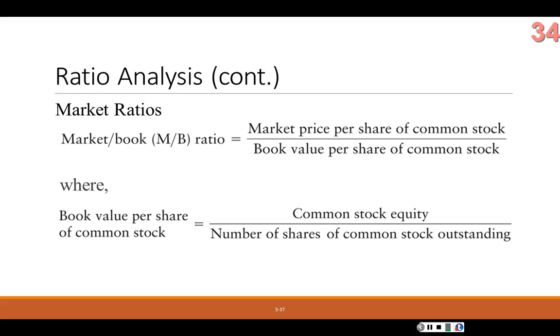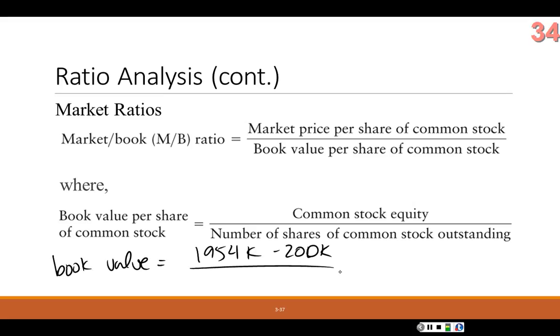So if we get the book value, we have common stock equity. Remember, that's the 1,954 minus the 200 in preferred stock divided by number of shares of common stock outstanding. Footnote B of the income statement, 76,262. And that gives you $23 per share.